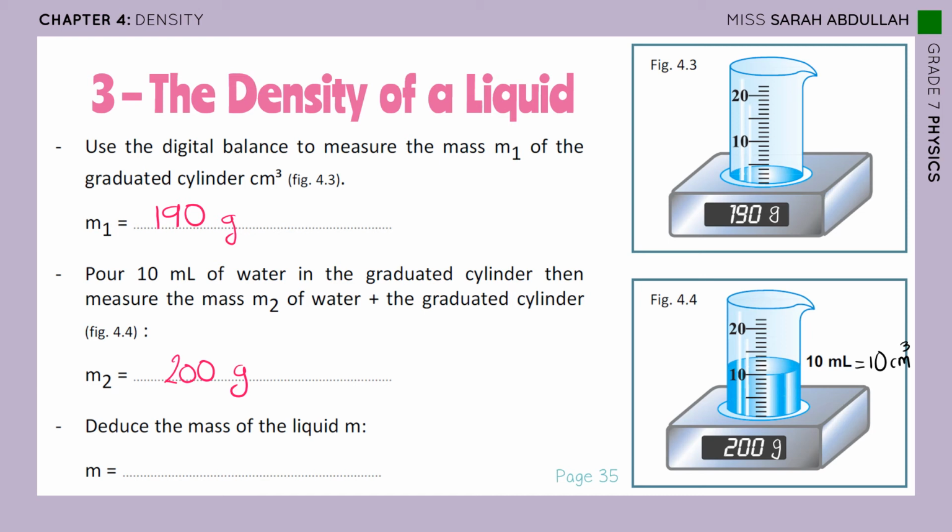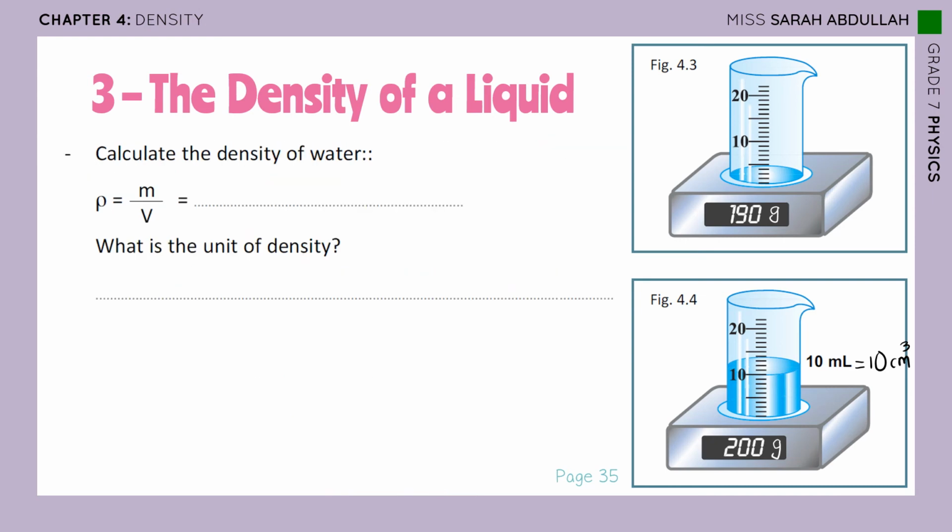So deduce the mass of the liquid M. The mass is M2 minus M1, which is 200 minus 190, and that is equal to 10 grams. Then they say calculate the density of water. So density equals mass over volume, and we have the mass equals 10 grams, and the volume I can basically read, which is 10 milliliters, the same as 10 cubic centimeters.